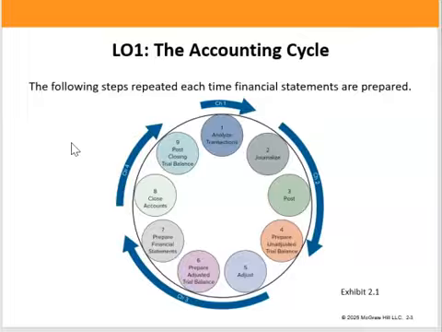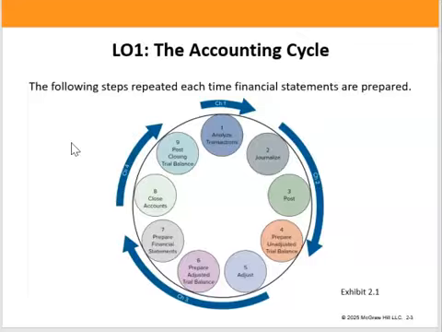So again, we need to ensure that it balances, and this is the report that we use to initially make sure that it does balance. Then from there, we create financial statements. And then at the end of the year, there's certain accounts that close down to zero because each year they start fresh.